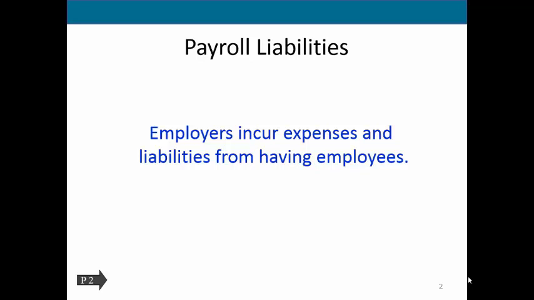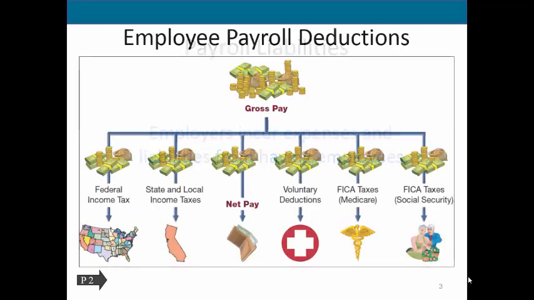So first we're going to concentrate on the liabilities that we incur because we withhold things on behalf of our employees. So let me just go ahead and explain what's going on here. You can think about your own paycheck here. When you get your paycheck or your pay stub, you'll see that you have a gross pay that's, say, $2,000. But then your net pay is the money that actually goes to your checking account, and let's say that that's $1,500.